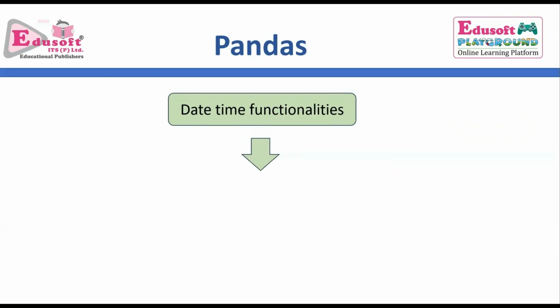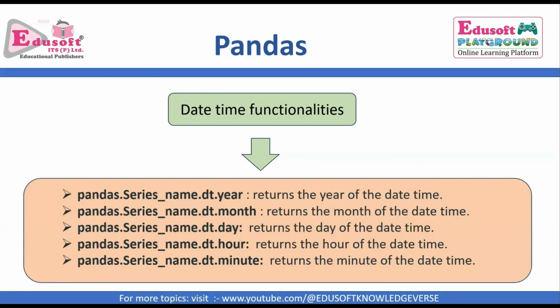Now, what are the functions which we are going to use in DateTime functionalities? Here you can see pandas series name dot dt dot year. Pandas series name is the name of a series or a data frame, and .dt.year is the method.